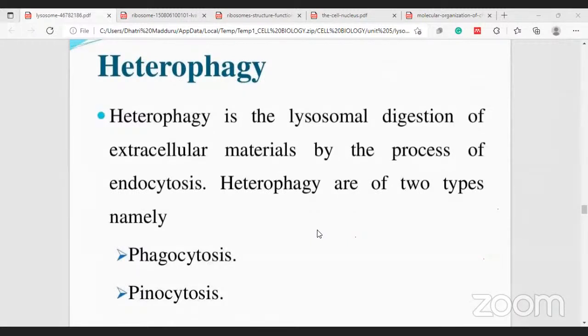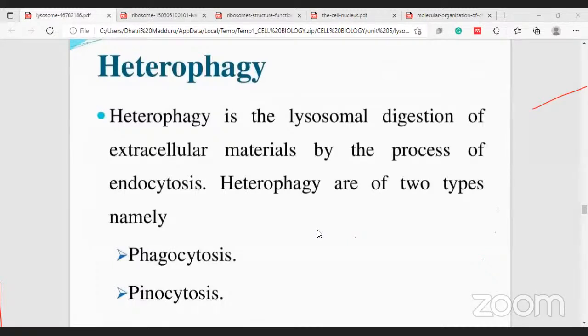Endocytosis means engulfing; the cells will take up the material. Heterophagy is of two types: phagocytosis and pinocytosis. Phago means eating, so phagocytosis is cell eating. Pino means drinking, so pinocytosis is cell drinking.